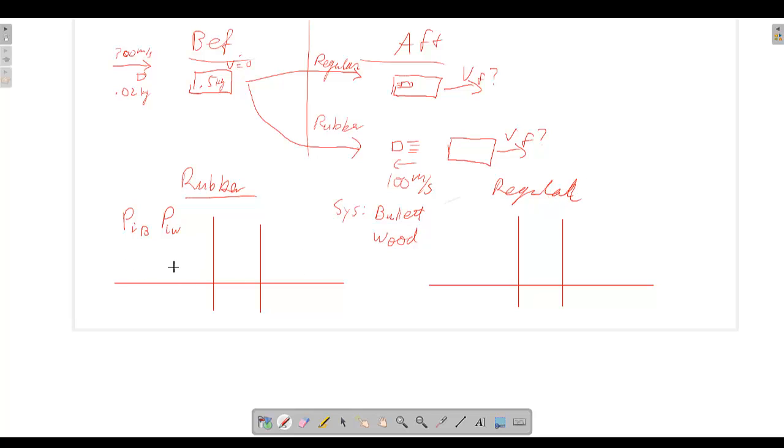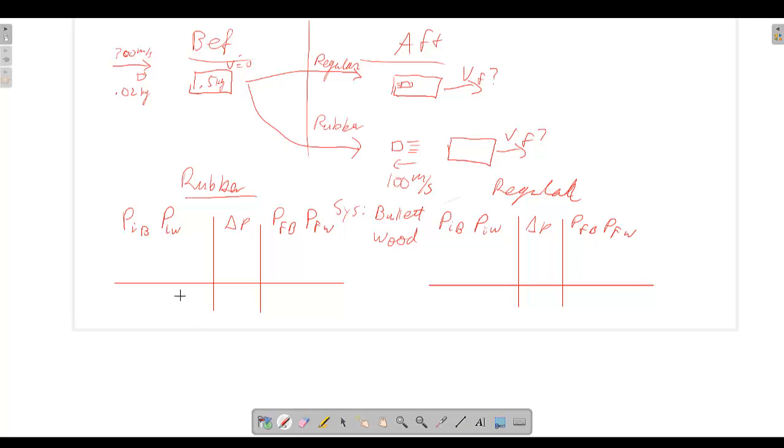Sorry for my handwriting. And then here's our delta P, and then we have the P final for the bullet and the P final for the wood, and then we're going to end up with the same thing here. There we go. And now we have our bars.